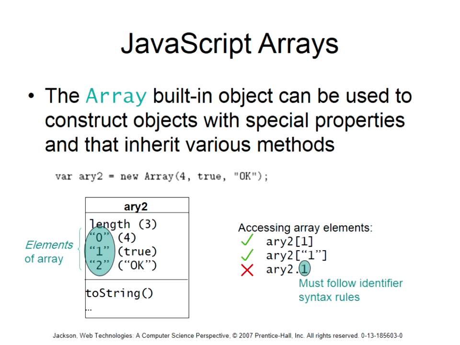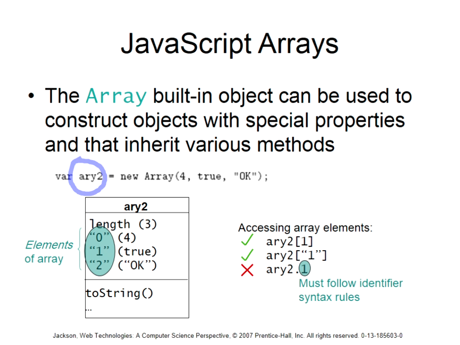So in my case, how many elements can we find in array2? 3. Very good. The first one is 4, the second one is true, and the third one is 'ok'. So the first element is a number, the second element is a Boolean, and the third element is a string.